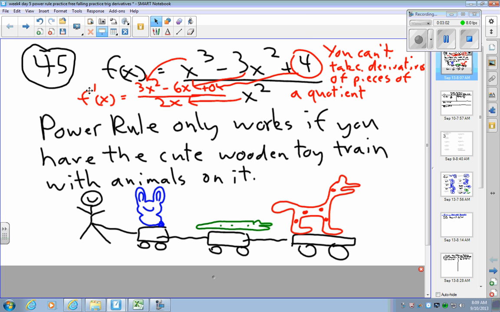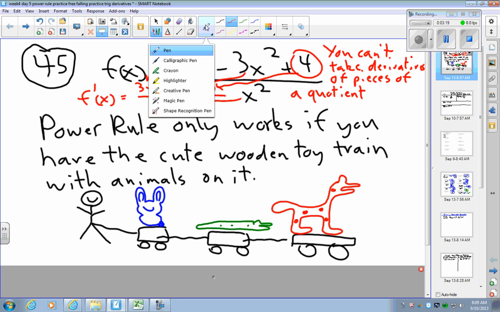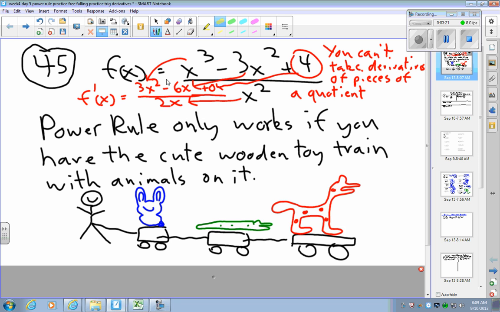Okay, and it was that little wooden train with the string connecting them, and you could just pull it, and you have the bunny by itself, the crocodile or alligator by itself, and the giraffe by itself. That's your goal. And if you're kind of going, what are you saying? I'm trying to tell you I need to individualize this fraction.